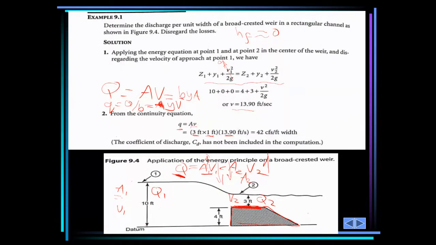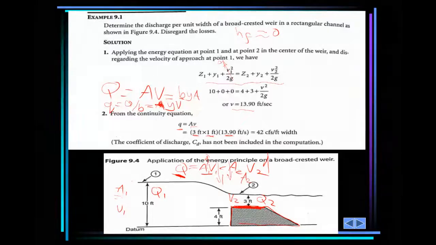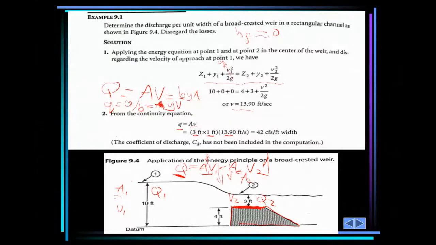But then, to measure flow rate using weirs, you need to calibrate it. You need to calibrate because all we need to do, like in this case, is measure the head above the crest, and then we find a formula where we convert the head to flow rate. But then we realize that there is what is called the coefficient of discharge.